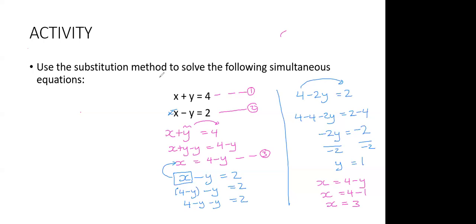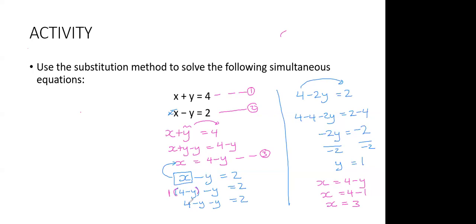Vanessa? I have a question about the X part, the Y part. Like when you put 4 minus y in brackets, then minus y is equal to 2, why didn't you multiply the negative, this negative y? Oh, no, remember here, this bracket has just a 1 here.